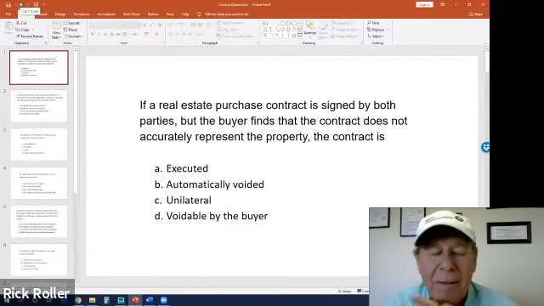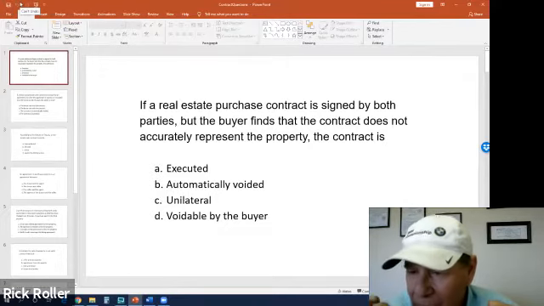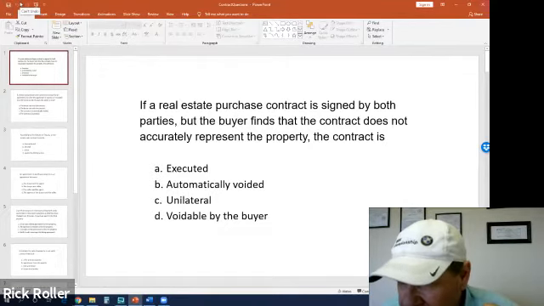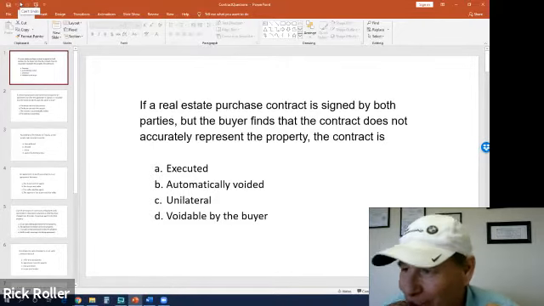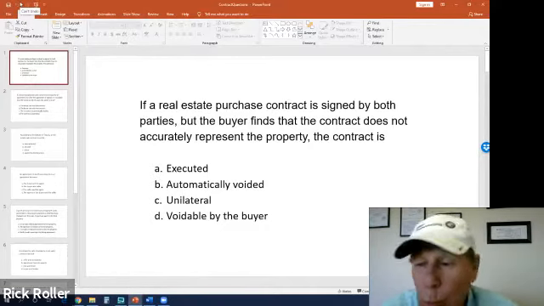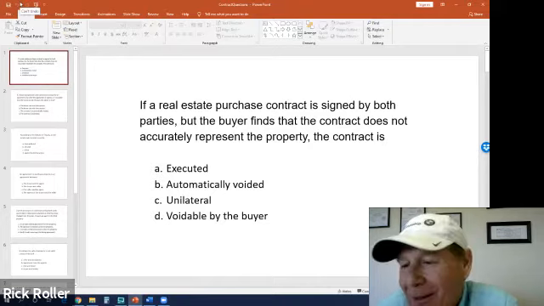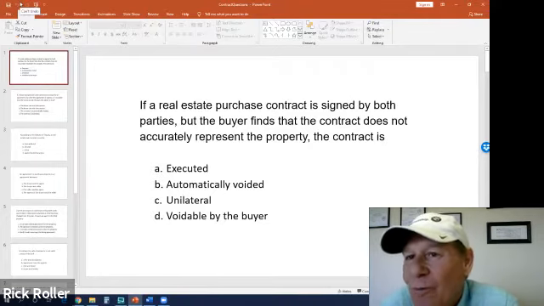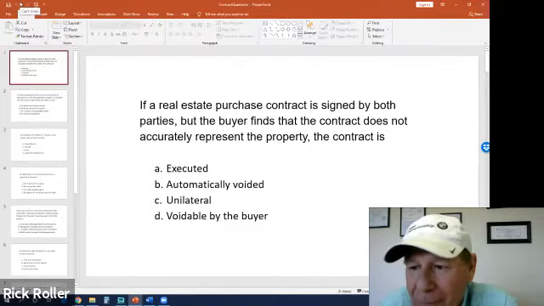Who is harmed in this situation? The seller or the buyer? I'm going to sit here and wait until someone says something. That's right. You didn't say anything, but I'll jump in anyway. It was the buyer. So who can void the contract? The harmed party, the buyer.